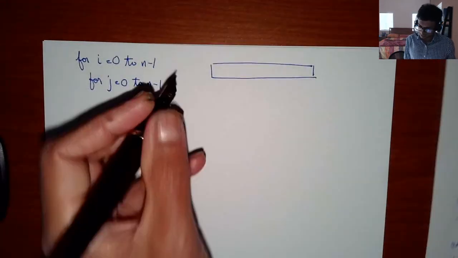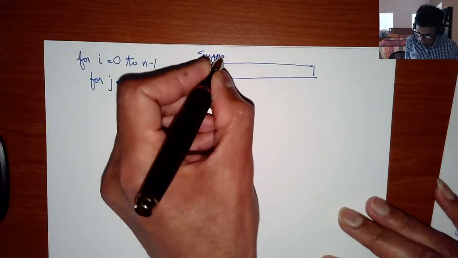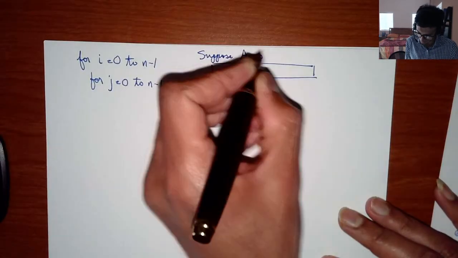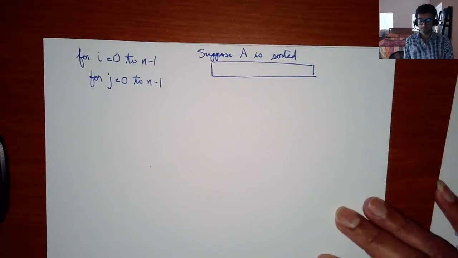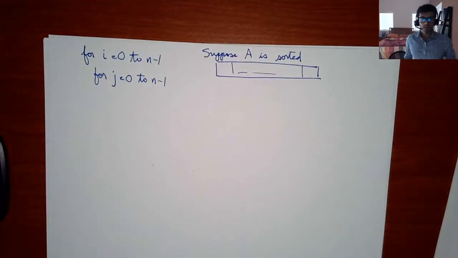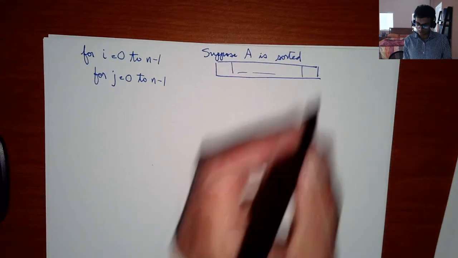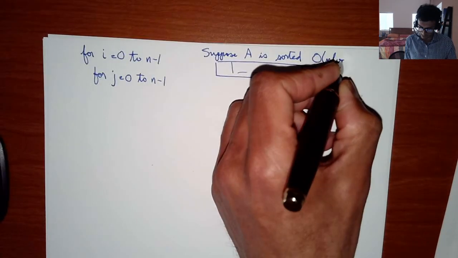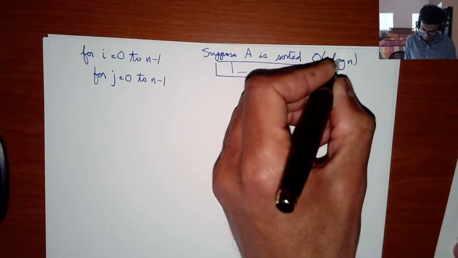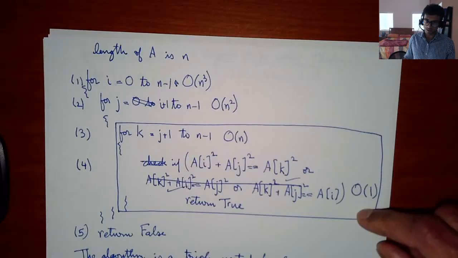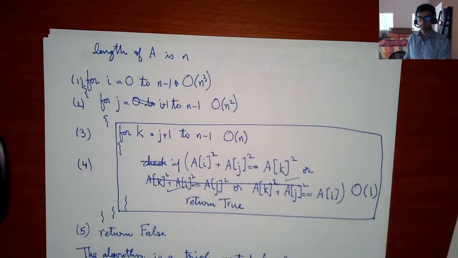Let's just say, suppose A is sorted. We can go ahead and do this in O of n log n, which is anyway less than n cubed, so this isn't going to hurt us much. Does this process become easier in any way?